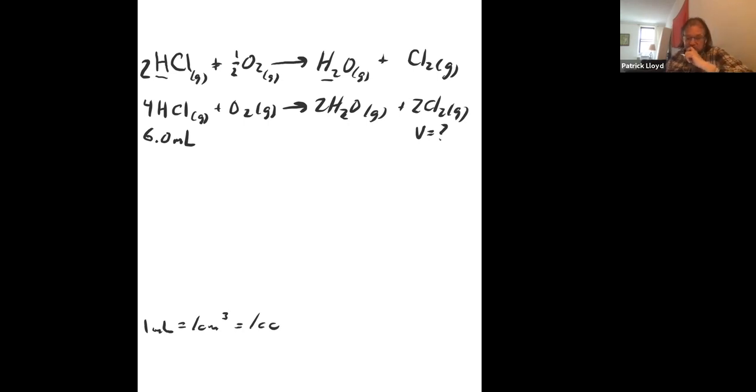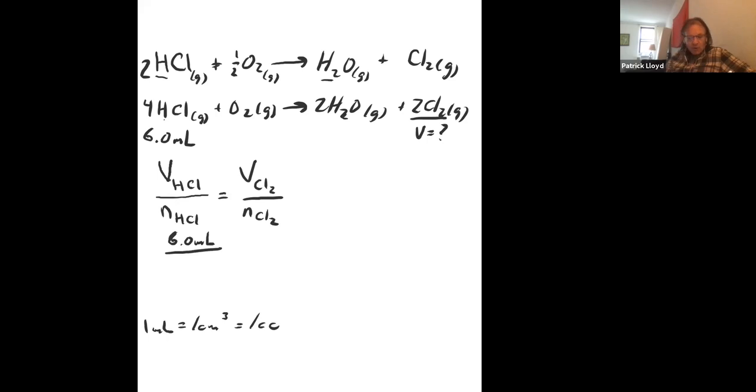Okay, so let's use the same logic. What I'm going to do is say V1, we'll use HCl. So V HCl over N HCl is going to equal V Cl2 over N Cl2. Let's use that. So the volume of HCl is 6 milliliters.